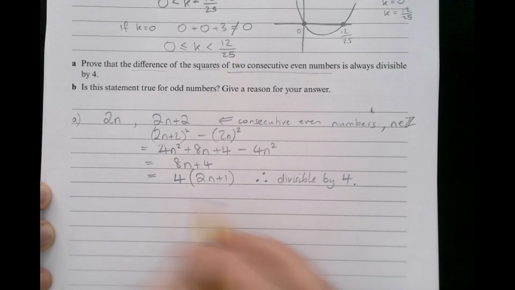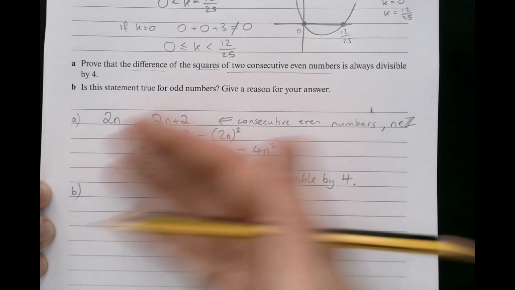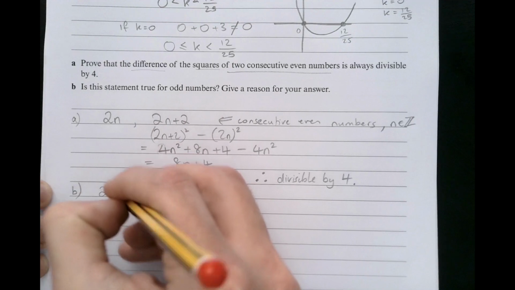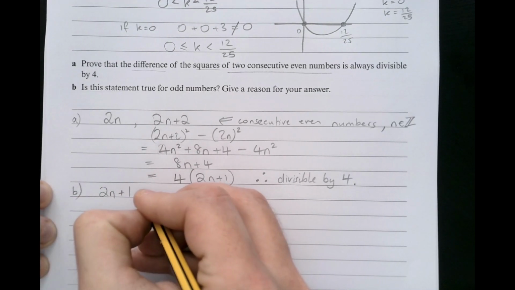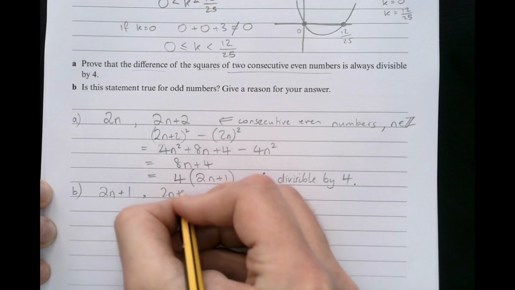Is it true for odd numbers? Well, the answer is going to be no, I imagine. But let's do it. We'll do two consecutive odd numbers, so 2n plus 1, 2n plus 3, or 2n plus 1, 2n minus 1, something like that.